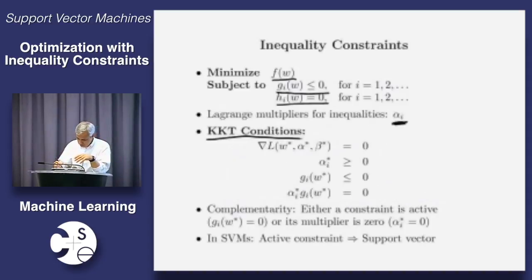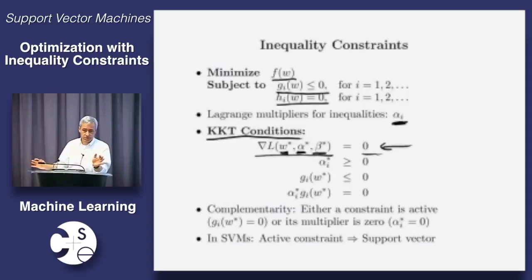So now what are those conditions, right? Well, they're a little more complicated. They're called the KKT conditions after Karush, Kuhn, and Tucker. The first one is the natural one. It just says that the gradient of my Lagrangian, which is now a function of 3 things, my original variables, and my Lagrange multipliers for the inequalities and the equalities, has to be 0, right?